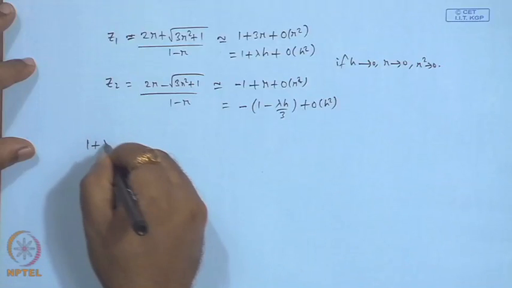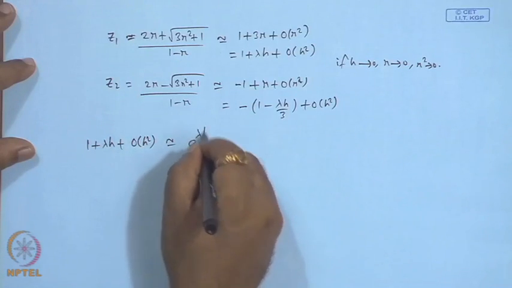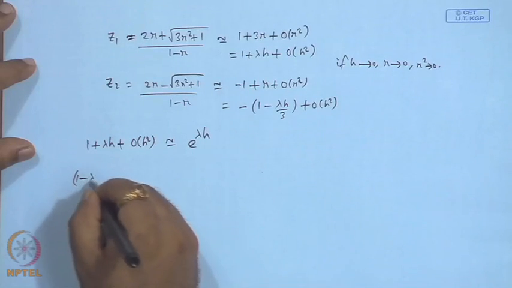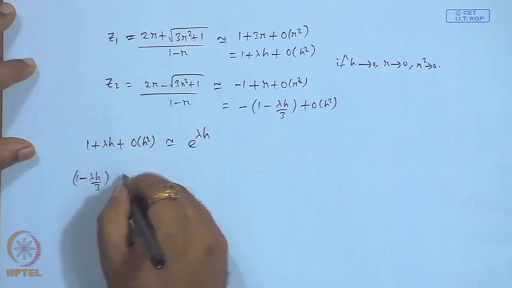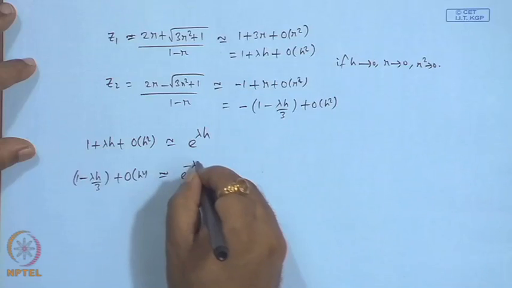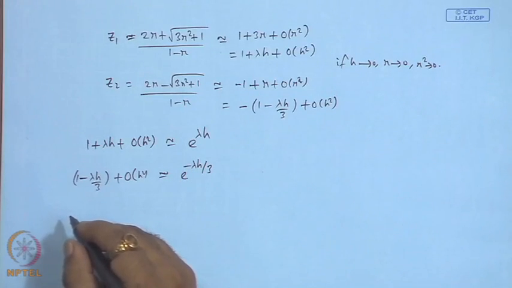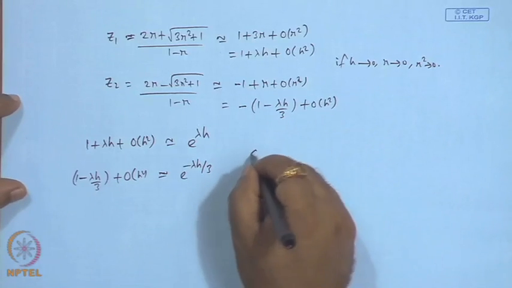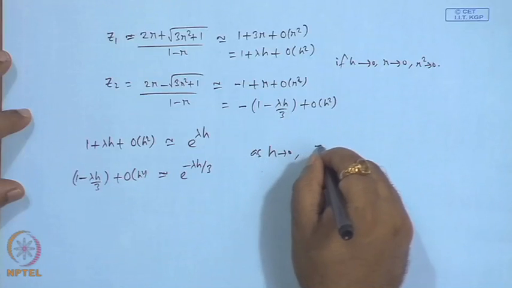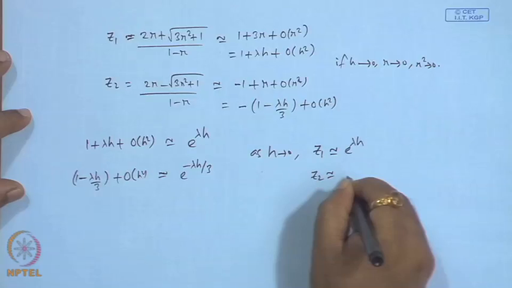So, 1 plus lambda h, e power lambda h, okay. So, as h goes to 0, Z1 behaves like this and Z2 behaves like this.